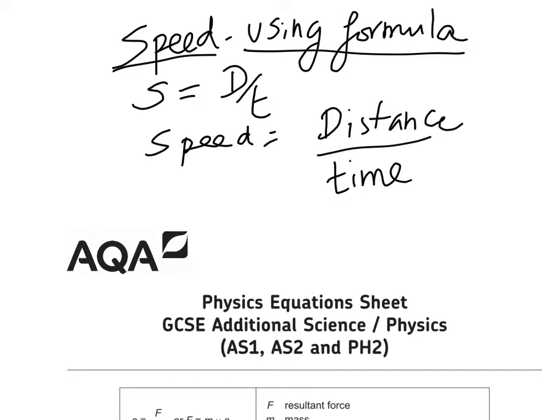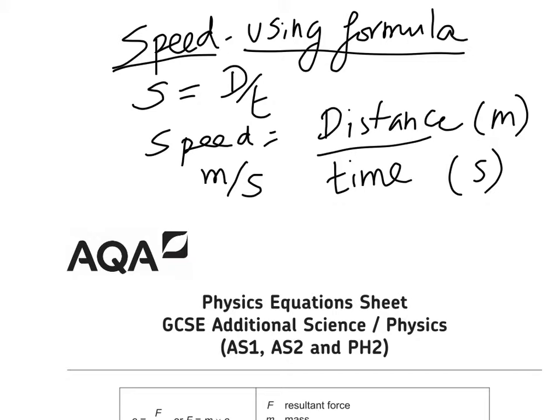Say for example, the distance is measured in meters and the time is measured in seconds, which are very common units that are used. So speed will have a unit of meters per second, which is obtained by just dividing meters by seconds, which are the units used to measure distance and time. Okay, so that's the unit for speed.